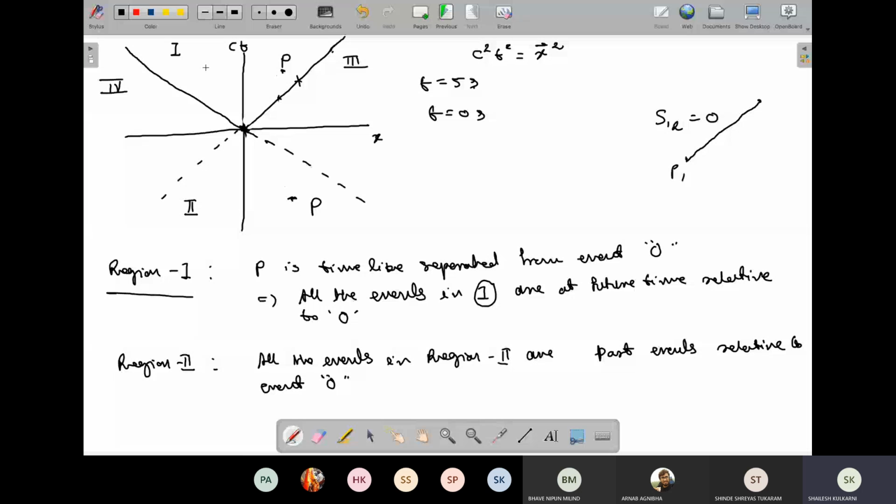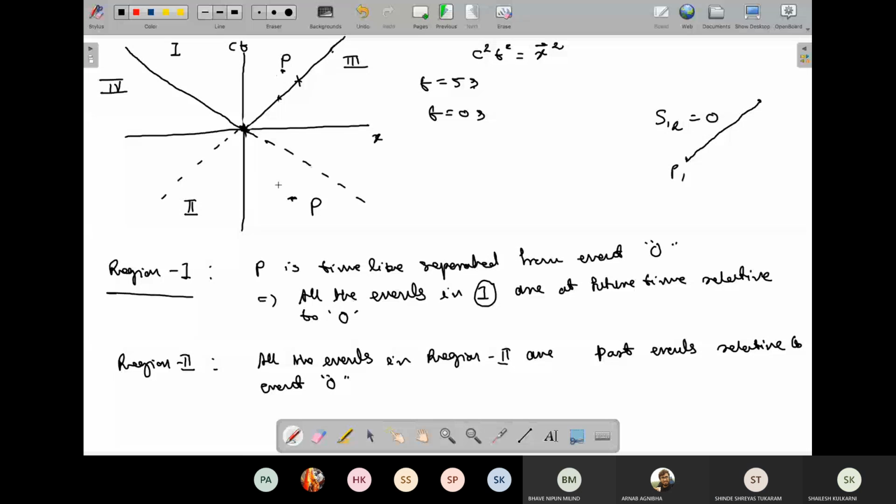So there is a sense when we talk about event P occurring after event O. When any event in region 1 occurs after O, and similarly any event here occurs before O, there is a sense of future and past in regions 1 and 2.